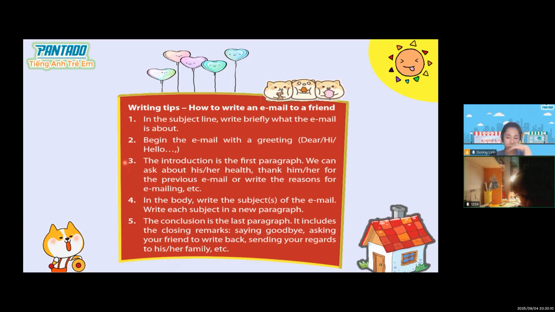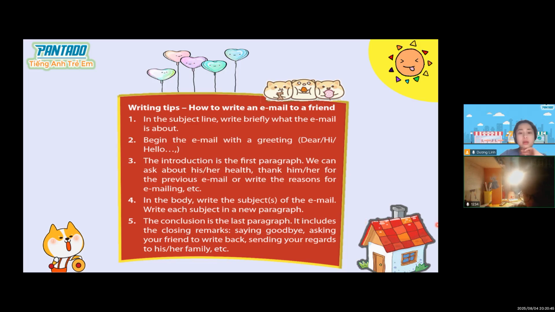The introduction is the first paragraph. We can ask about her health, thank her for the previous email, or write the reason for the email. In the body, write the subject of the email, and write each subject in a new paragraph.